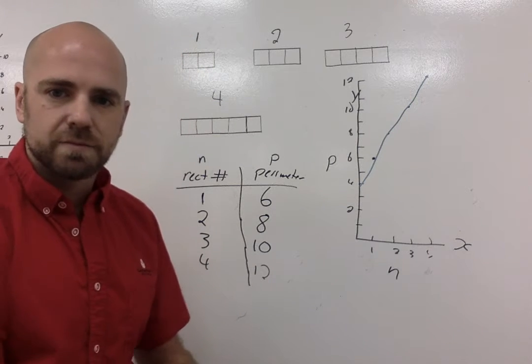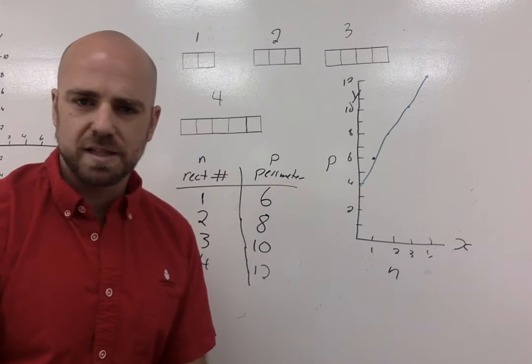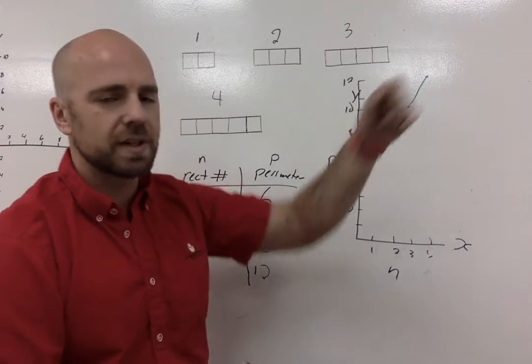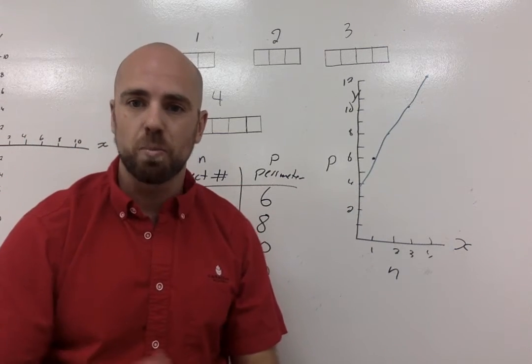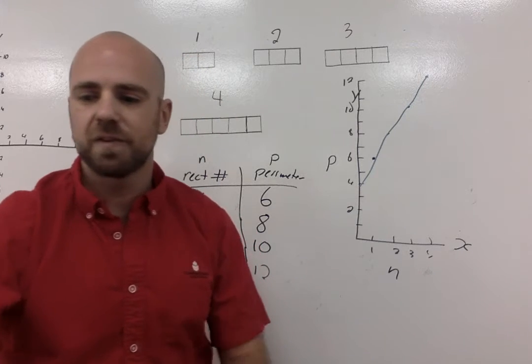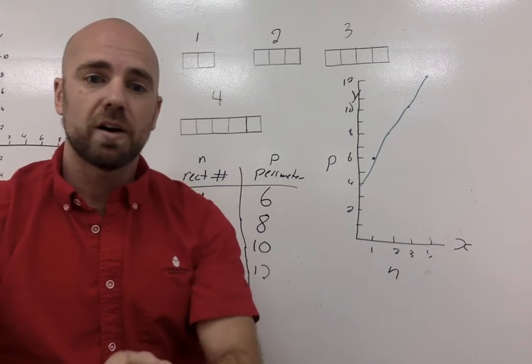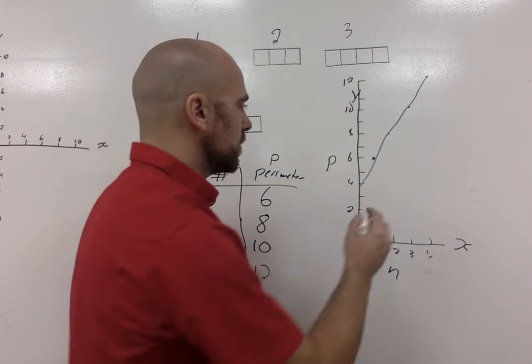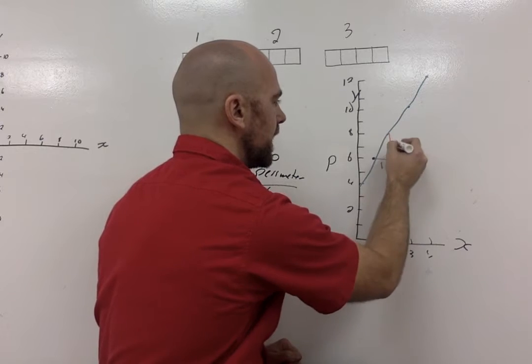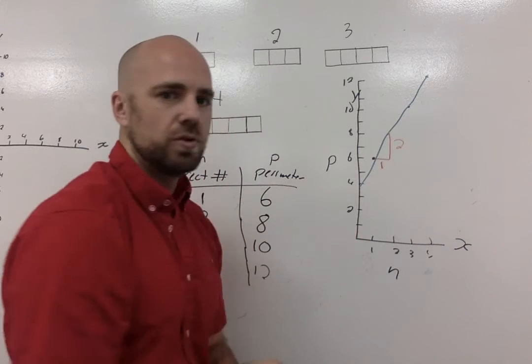Similar to the last lesson, when we have a straight line, we have what's called a slope. Our slope gives us information on what our formula might be. As we move over 1, how high up are we going? We're moving 2 up.